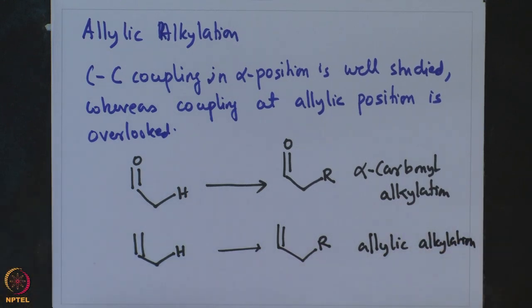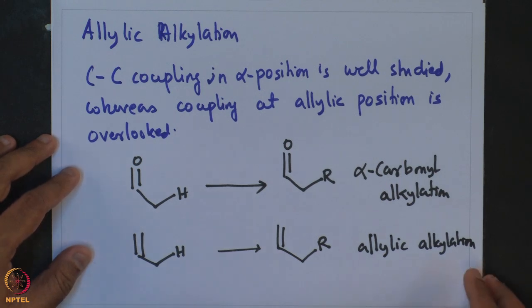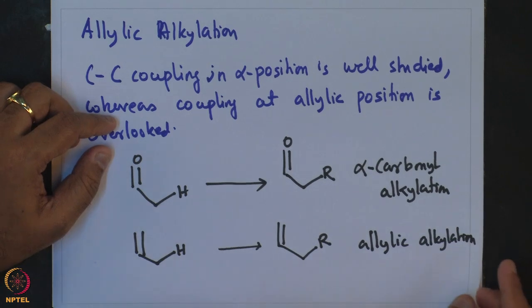So, this allylic alkylation reaction is sort of less studied to that extent, and we are going to start looking at this allylic alkylation reaction, where the alpha position of the allyl group, this hydrogen gets replaced by an R, and we are going to proceed by looking at the mechanism in which this reaction works.